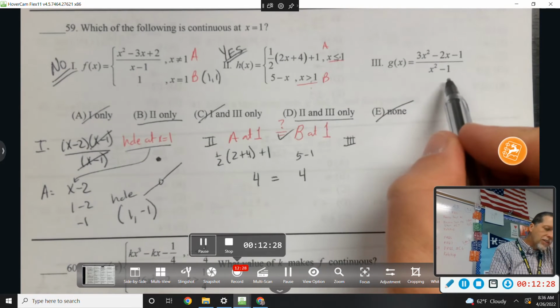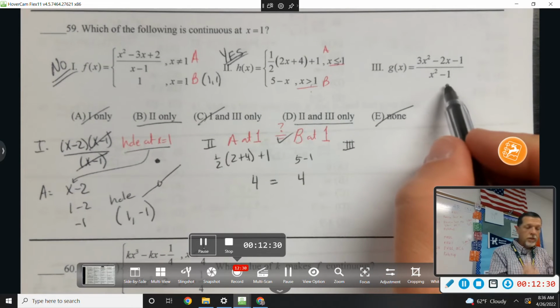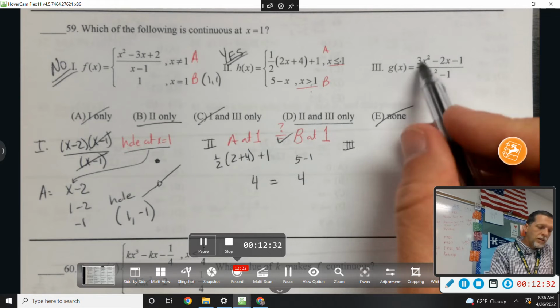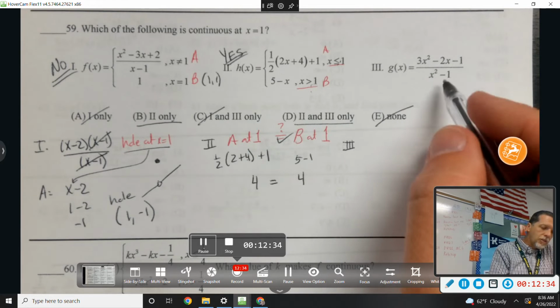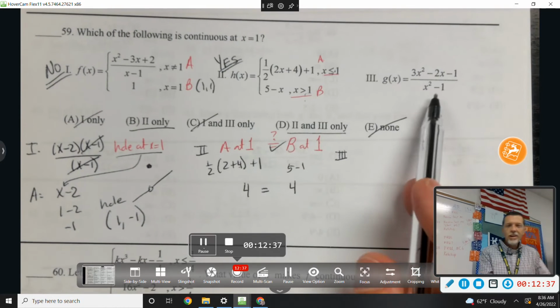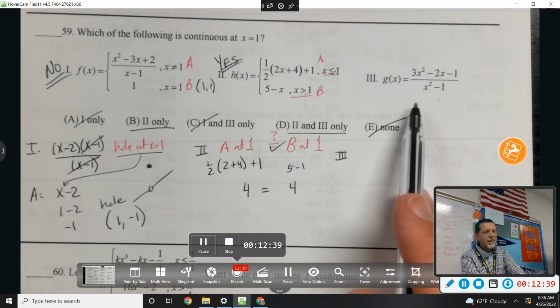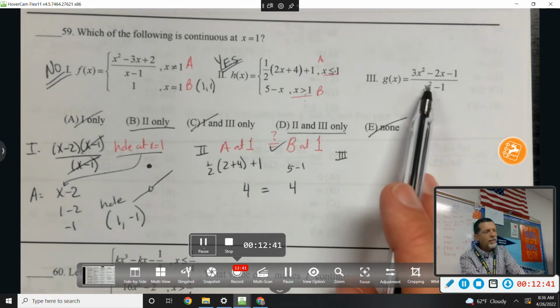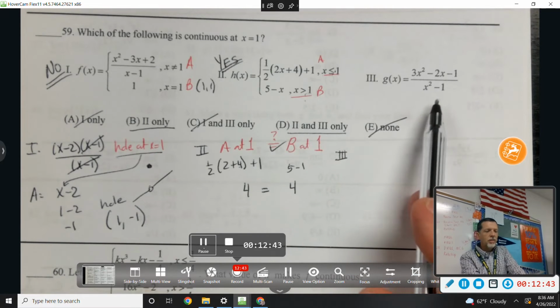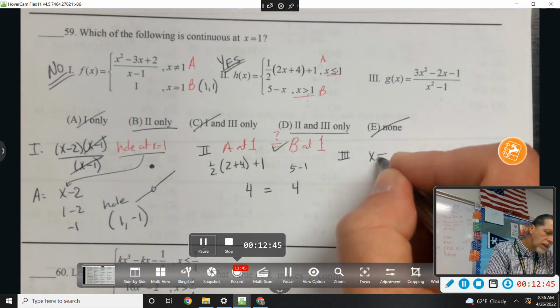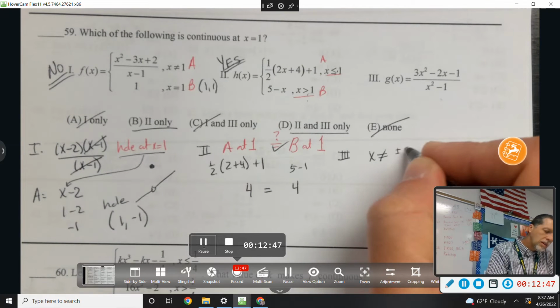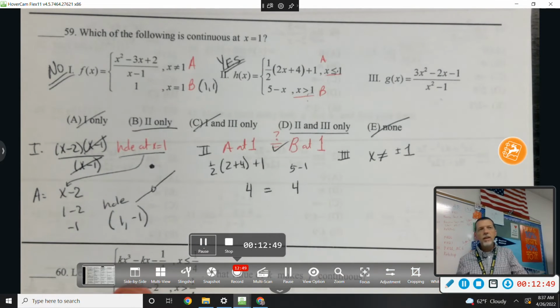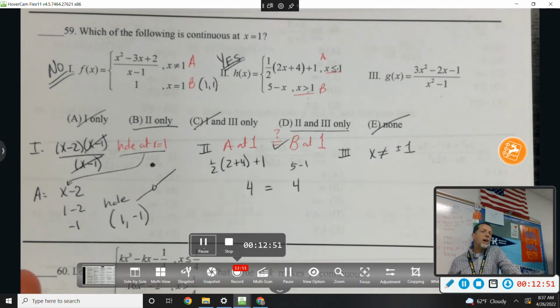I can see already if I plug in 1, I'm going to get 0 in the bottom. And if there's a 0 in the bottom and it's not piecewise, I don't really care if it's a hole or an asymptote. It's going to be discontinuous there. X can't be plus or minus 1. Without factoring, I don't know if it's a hole or an asymptote, but it doesn't matter.